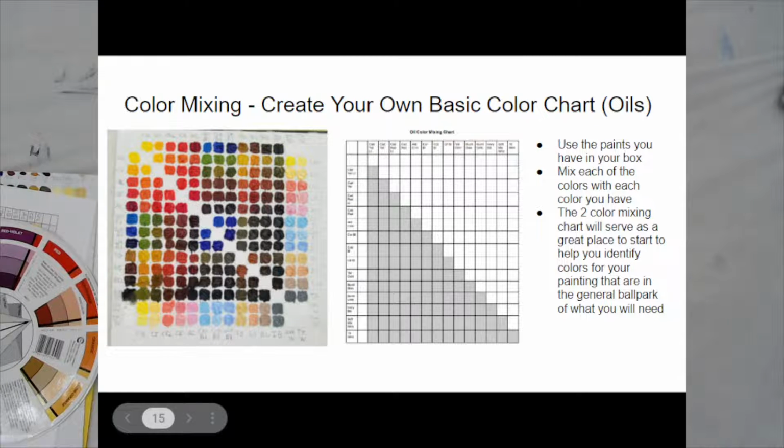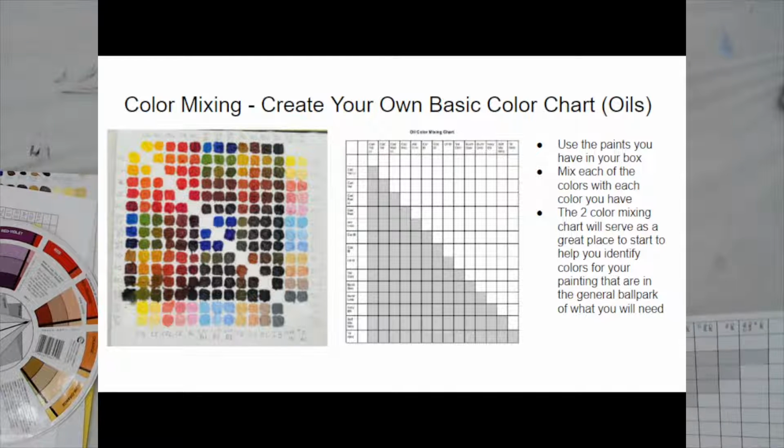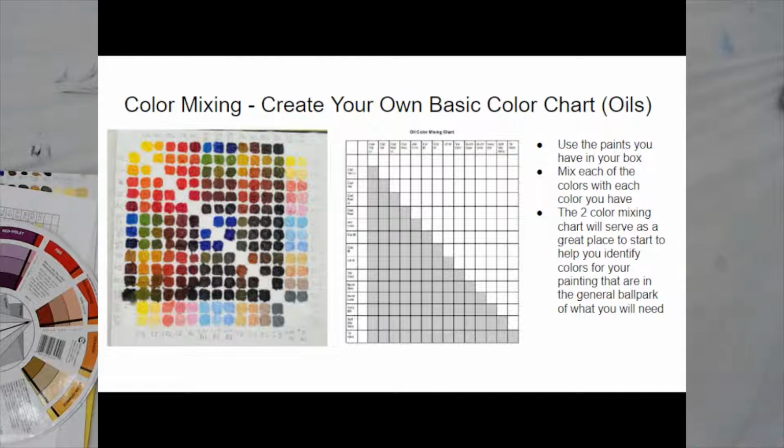You mix each of the colors with each color you have, and the chart will serve as a great place to start to help you identify colors in your painting that are in the general ballpark of what you need. Everybody should have one of these in their toolbox, because it goes a long way when you're just starting out with color mixing, helping you better predict what a mixture will be that will get you close to what you need.